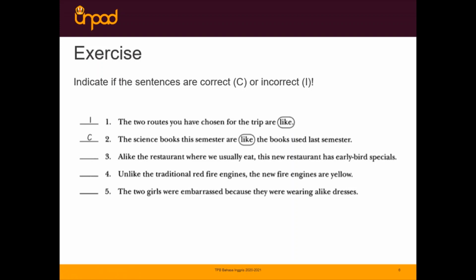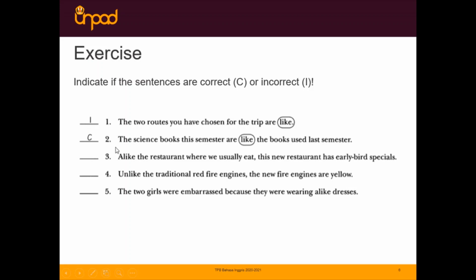Also, if we look back at the summary, we also learned that the word like as a preposition is followed by an object. And as you can see in sentence 1, there's no object following the preposition like. Now those are the reasons why this sentence is incorrect.